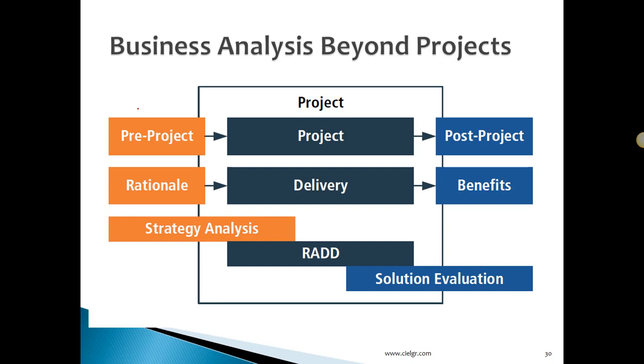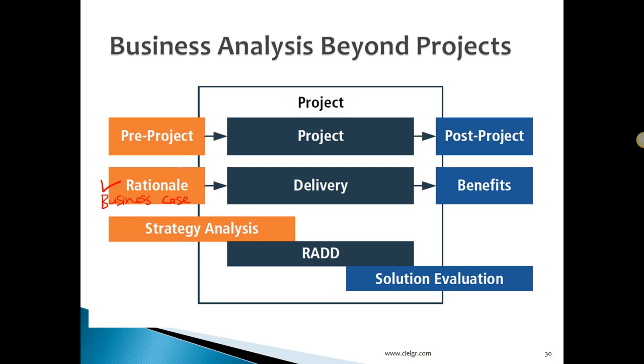So before the project eventually commences, there is a need for the business analyst to be able to clearly define the rationale, the justification for the project. So we cast our mind back to the illustration we did earlier. We made mention of the fact that during the pre-project stage, this is where we determine the rationale. This is basically where we develop the business case. Remember, we mentioned all of this in the last lesson, so you may want to go through the last lesson again if you need a refresher on this.